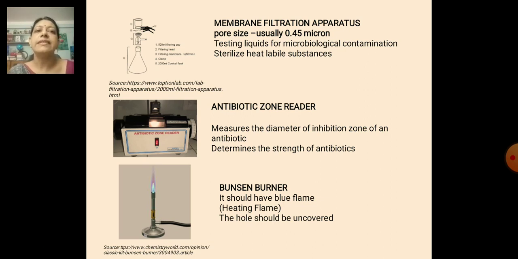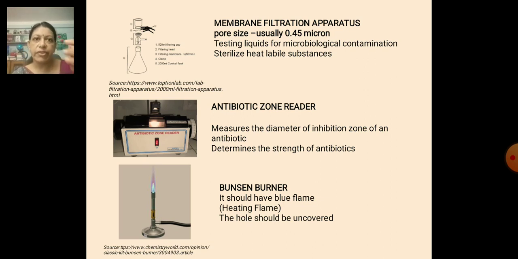Antibiotic zone reader is similar to a colony counter. In colony counter, we were studying the number of colonies formed, and in antibiotic zone reader, as I already said, in the Petri dish we make a hole, that is the well, with the help of a cork borer, and then we add the antibiotic to it. The media already contains the microorganism.